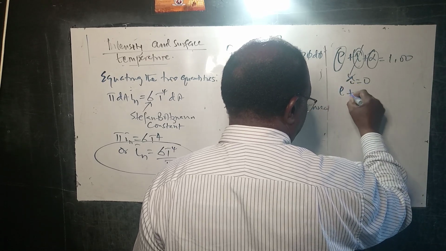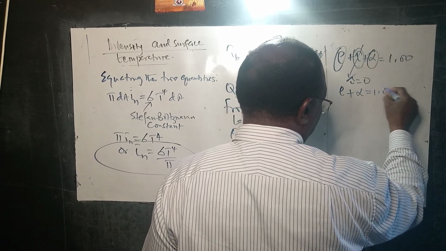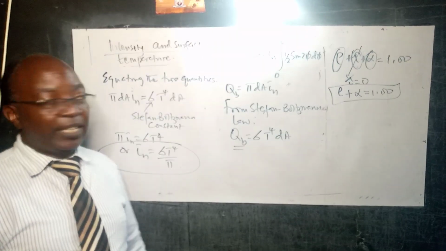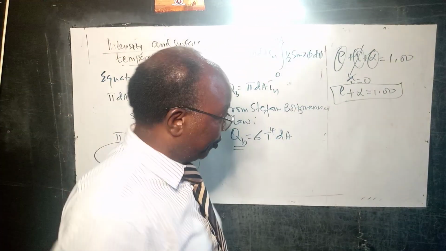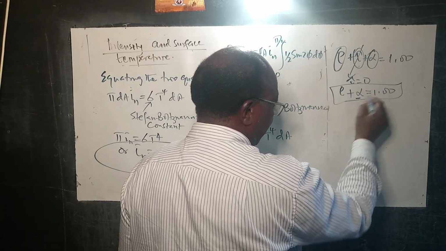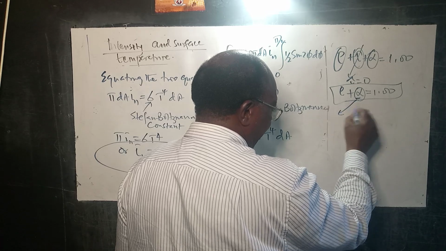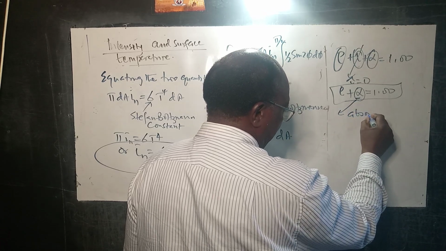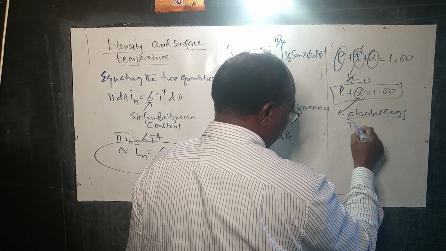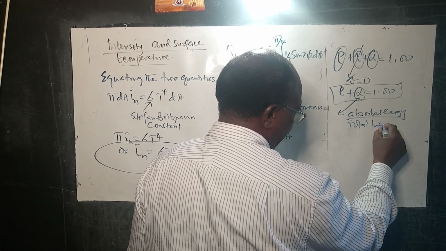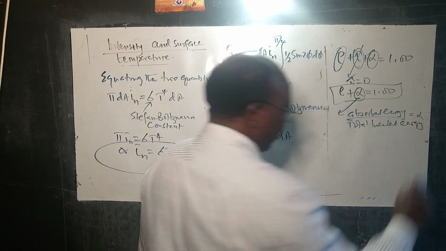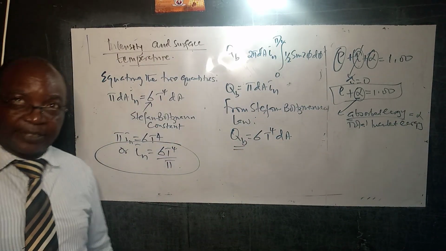So that rho plus alpha is 1.00. And we have said that the absorptivity, alpha, remember, is the ratio of the absorbed energy over the total incident energy. Always remember those things.